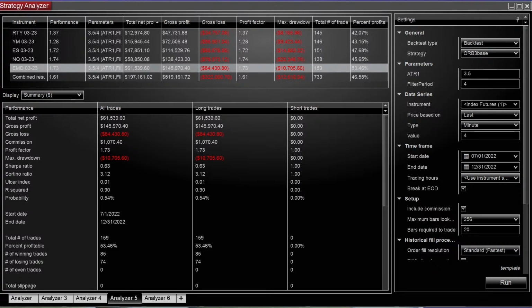But with indexes and futures, that just isn't really a thing the way it is on individual stocks. Since these indexes are made up of basically a ton of stocks, it's just not the same concept. And so our filters just aren't really going to beat random chance on predicting when an opening range breakout will occur.